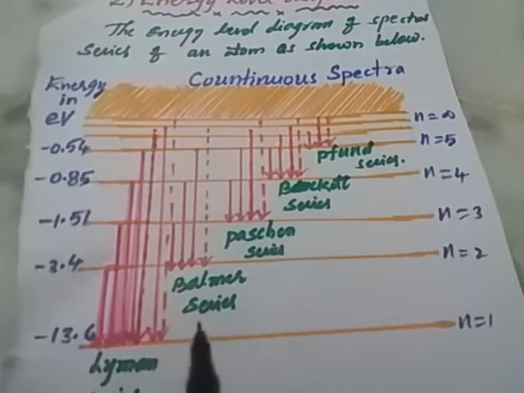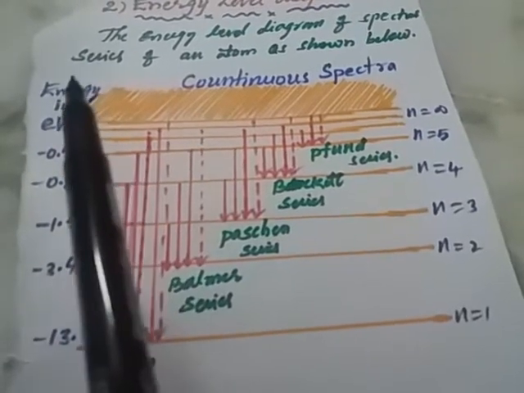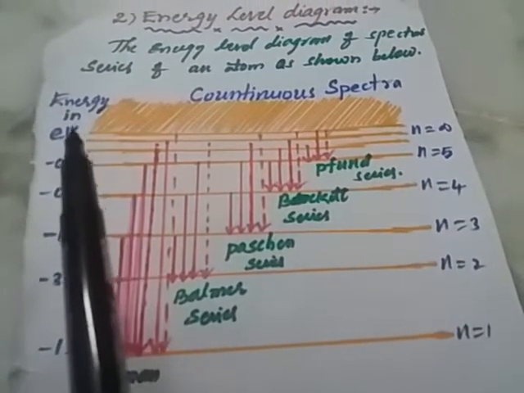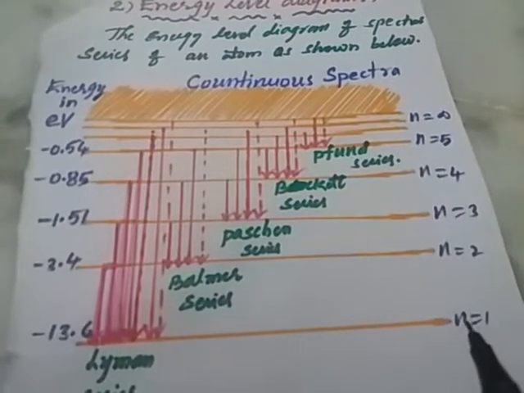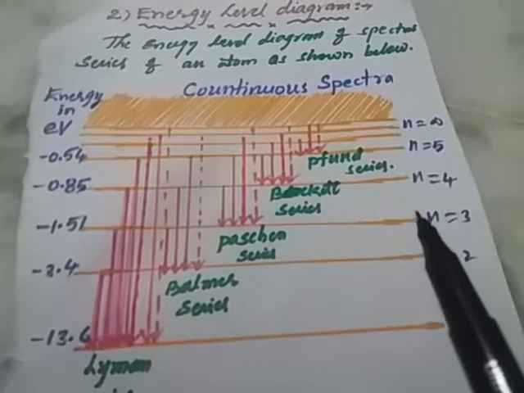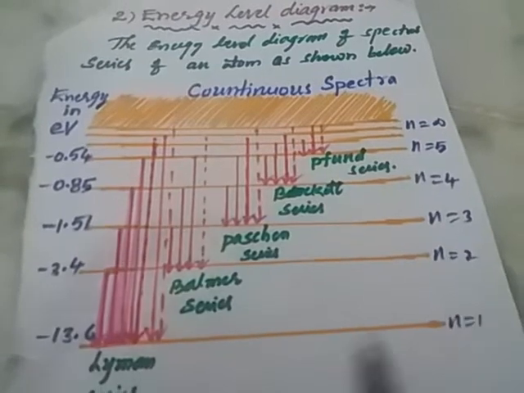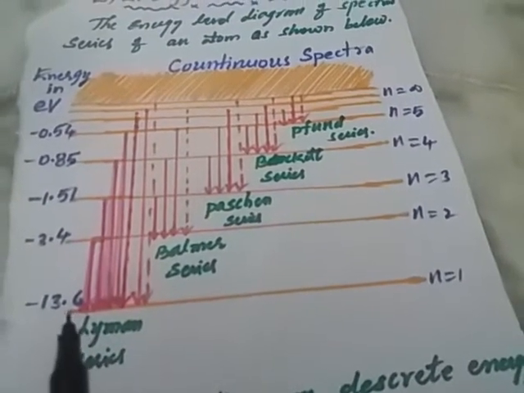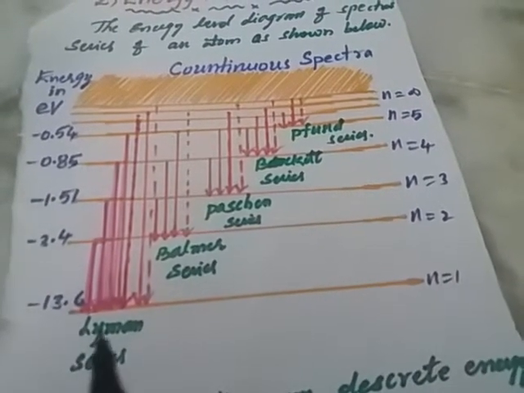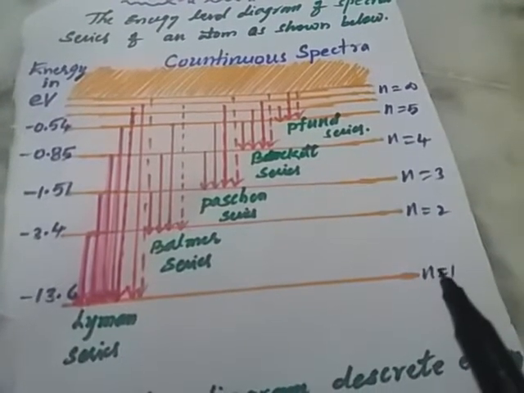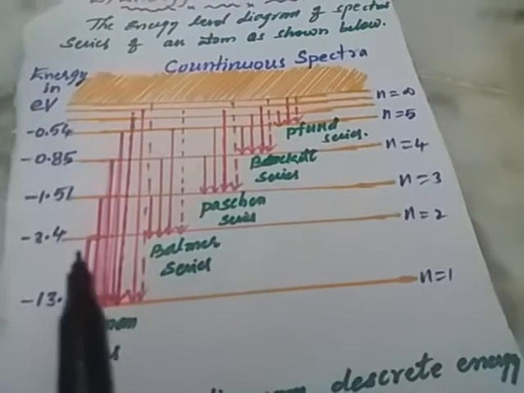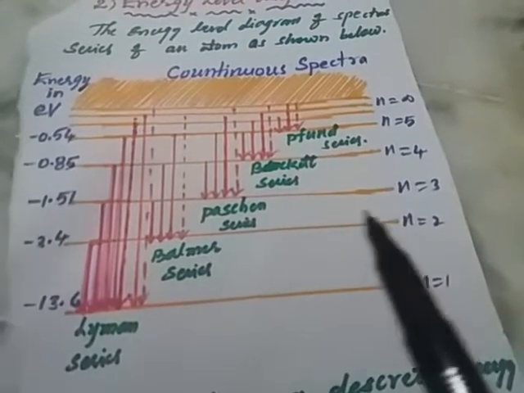On the left side is the energy in electron volts. On the right side are the orbital numbers n equal to 1, 2, 3. When we take n equal to 1, it is called the lower energy level or ground state energy level. N equal to 2 is the upper or higher energy level, and so on.